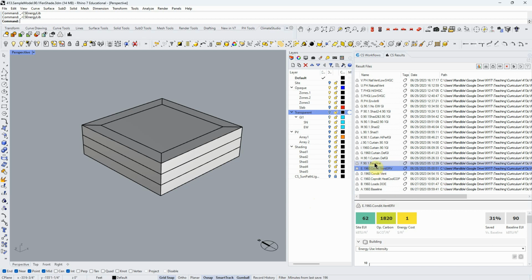The next thing I did was to do just a baseline building from the DOE standards. That's the middle of the road. Actually, it's not the middle of the road. This is a building that's already been optimized. This baseline EUI, the 90, is whatever's out there right now in the existing stock, buildings like the Guggenheim, buildings that were built in the 80s, everything out there.